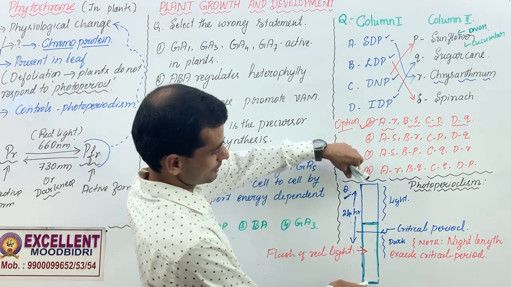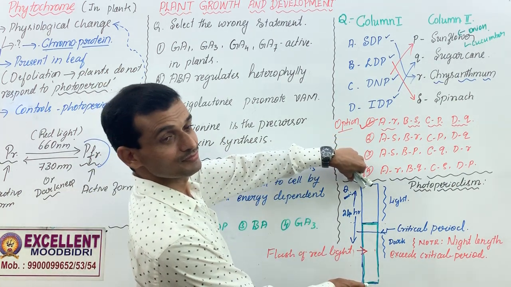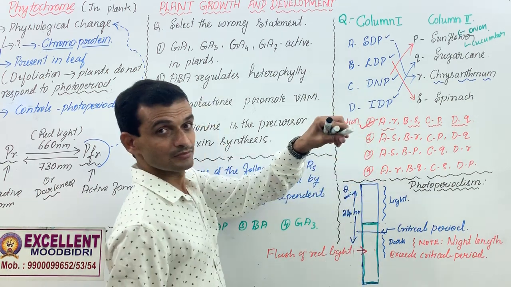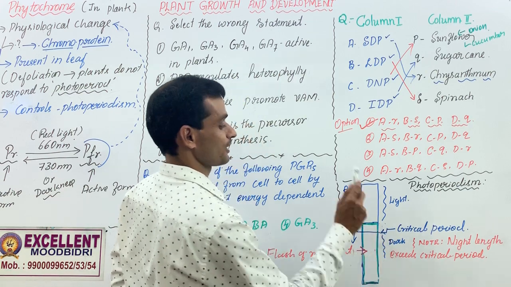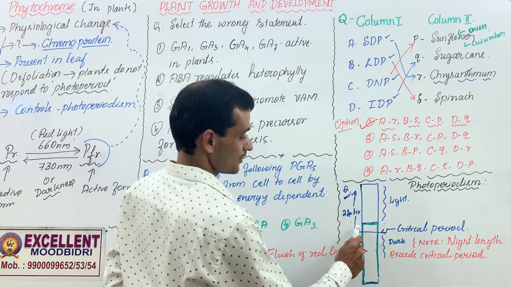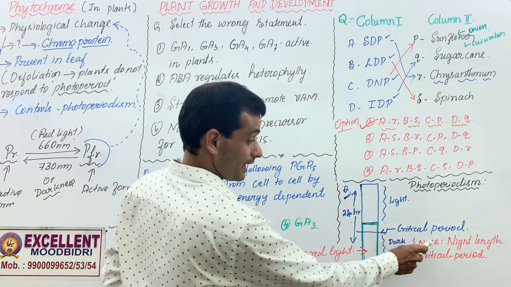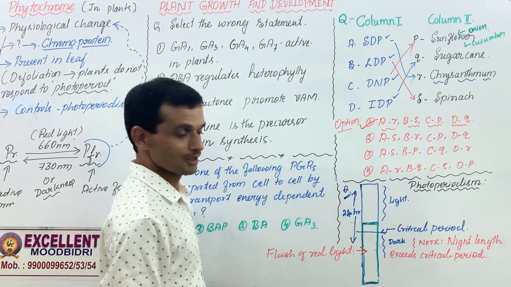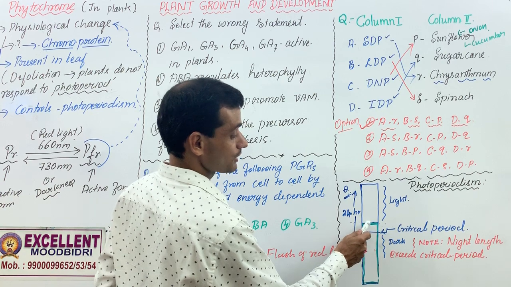I observed the 24 hours. So I divide 24 hours into 12 plus 12. I shall mark it here as critical period. That night length exceeds the critical period. It comes till here. Probably it is 13 hours, 14 hours night.